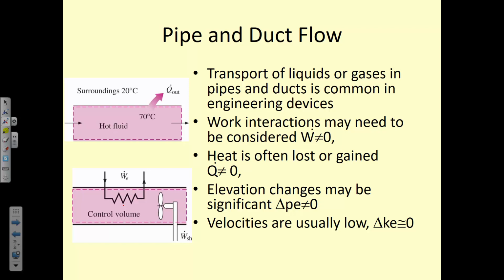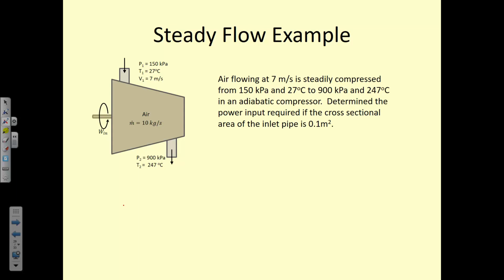If you start with the energy balance and start canceling out the terms you do or don't have and looking at the terms that you do have, then you can end up with any of those equations that were given on those slides. So you don't need to memorize how to analyze a turbine or a compressor because it's all the same. You start with the energy equation. So let's do an example of that.